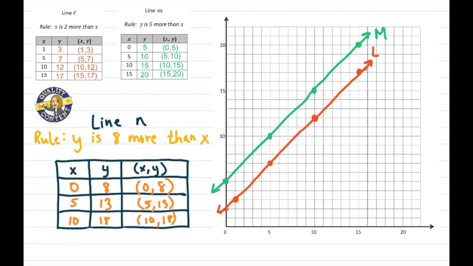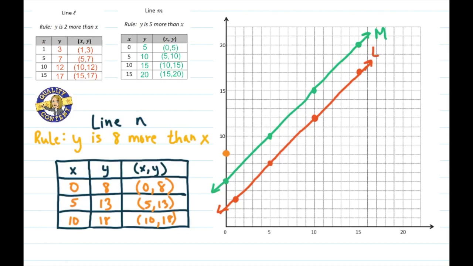Outstanding work. So I finished the y-coordinates on our table. I had that the y-coordinate when x was 5 is 13, and when x is 10, it is 18. So let's plot these points together and see if our prediction that it will be another parallel line is true or not. Here we go. So I have 0 and 8.